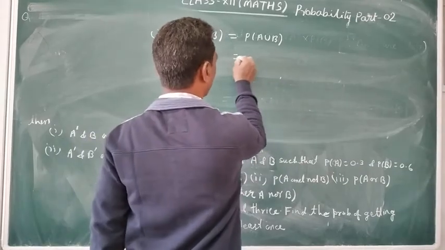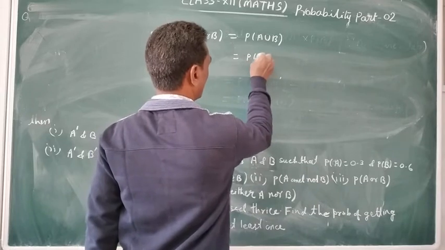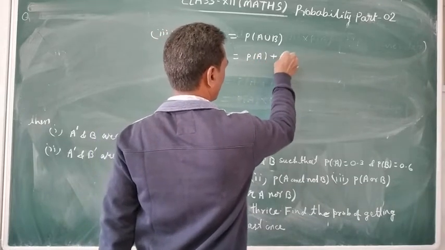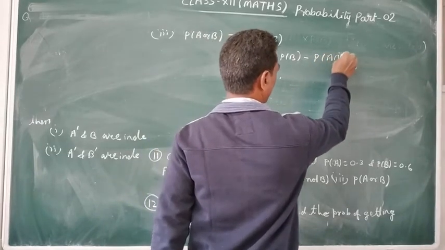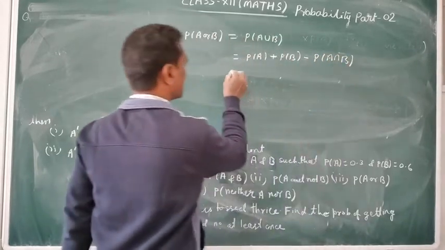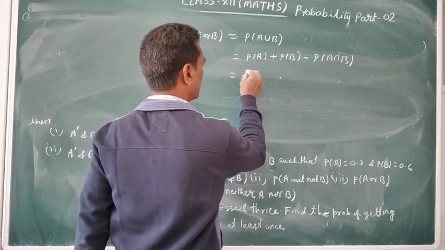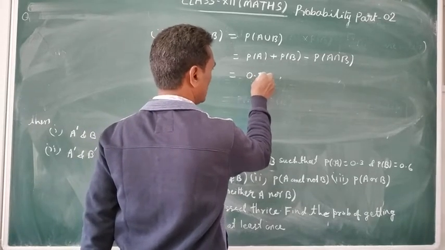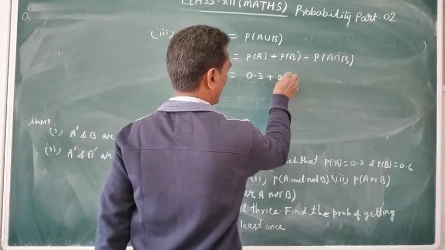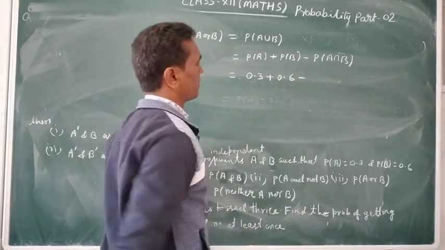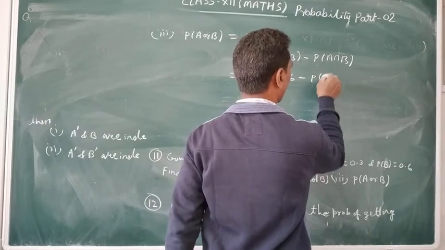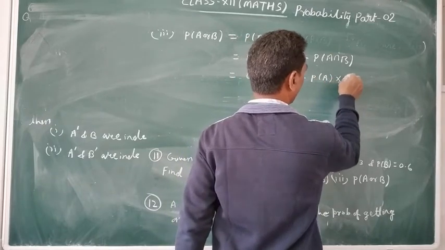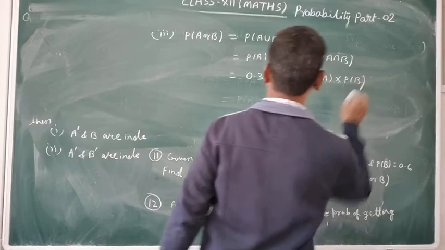So by the formula, probability of A plus probability of B minus probability of A intersection B. So probability of A is 0.3 plus 0.6 and minus, this is again A and B are independent, so we can write probability of A into probability of B.